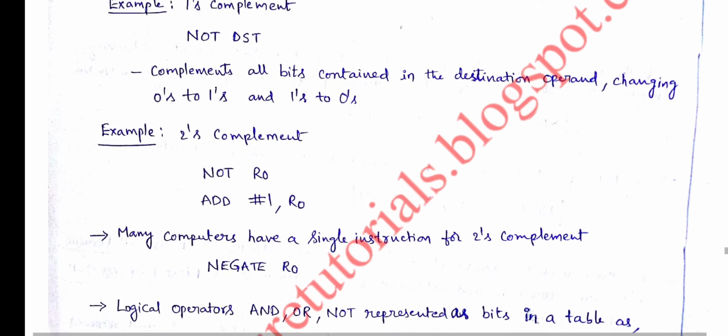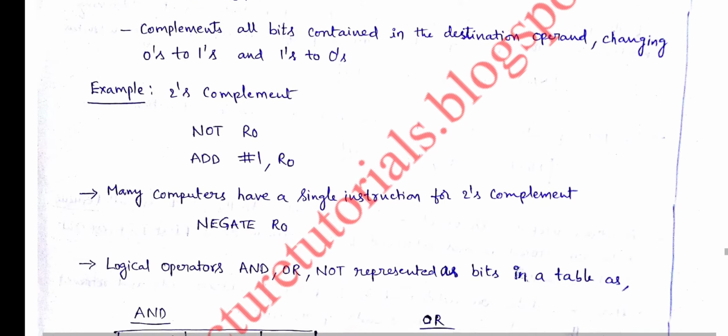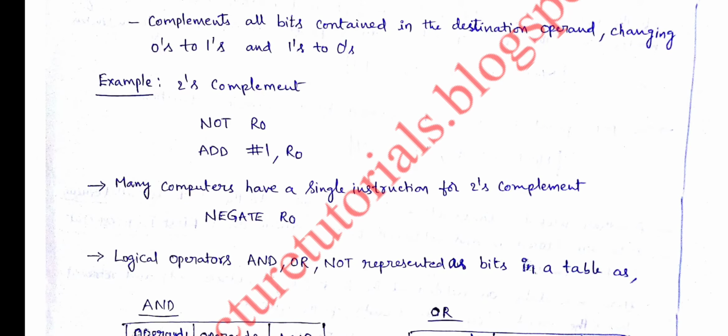2's complement. Hope you know what 2's complement is. 2's complement means 1's complement plus 1. Right? 1's complement plus 1 gives you 2's complement. That we have to do here.